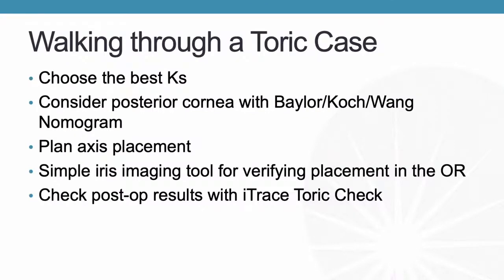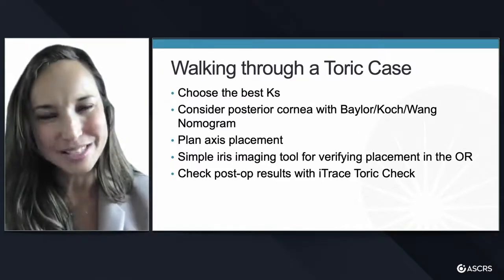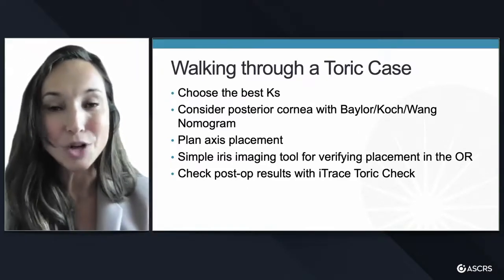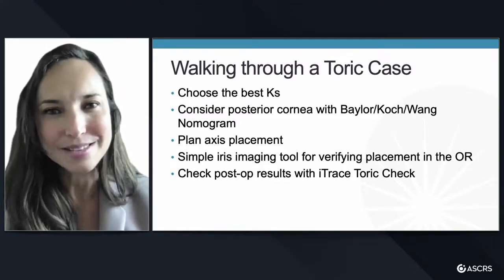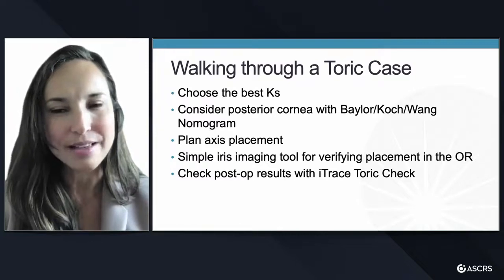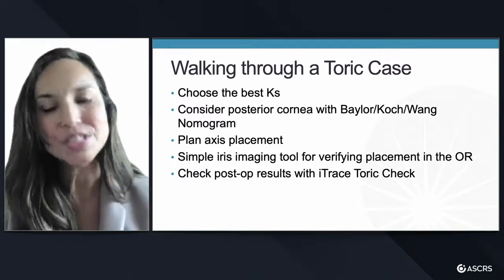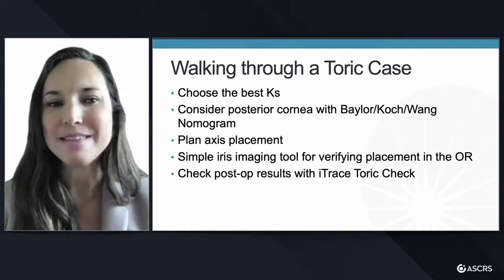So, okay, you have a patient, that patient has astigmatism and comes in for cataract surgery. What to do, and how can you use the iTrace to help us? We have all this technology, but again, it's something that can help us to plan surgery. It helps us to talk to our patients. One, you need to choose the best case, right?